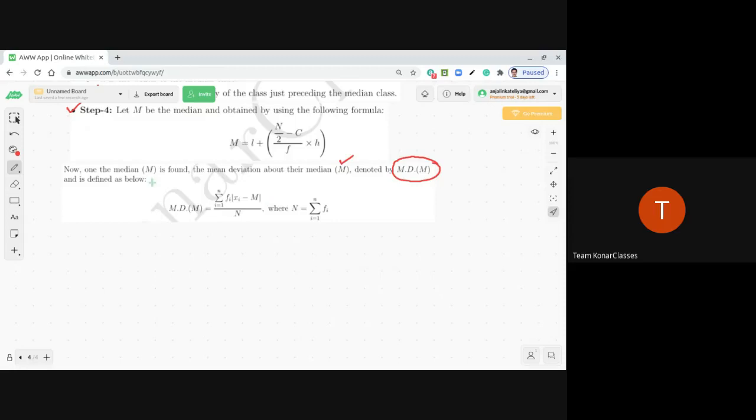Now, dear students, let us understand all this, the mean deviation about median for the continuous frequency distribution, by means of an example. To give that example, first we need to provide the table, which we define as a data set, and here it is, dear students.